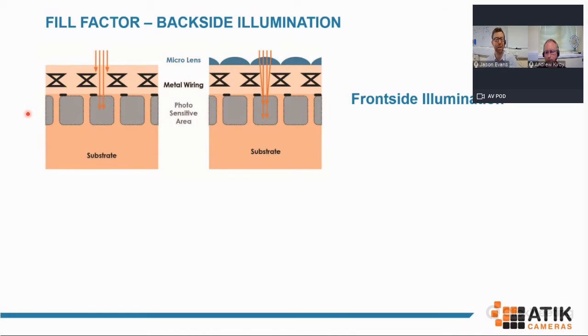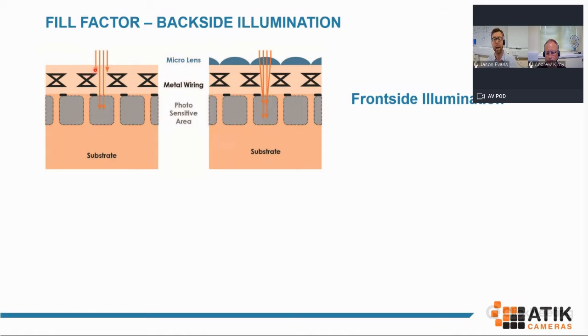At the bottom, we can see the substrate, the supporting structure for the CMOS sensor. On top of that, we've got a photosensitive layer, which is where the photons are converted into electrons. On top of that, we've got some of the componentry required to move those charges and voltages around, built into a supplementary layer.